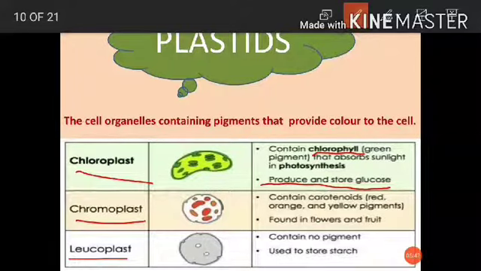Chromoplasts provide colored pigments called carotenoids, giving red, orange and yellow color to flowers and fruit. They attract insects and different animals for pollination. And leucoplasts do not contain any kind of pigment, so they are colorless, and they store starch, proteins, and oils, and are found generally in roots, bulbs, or seeds.